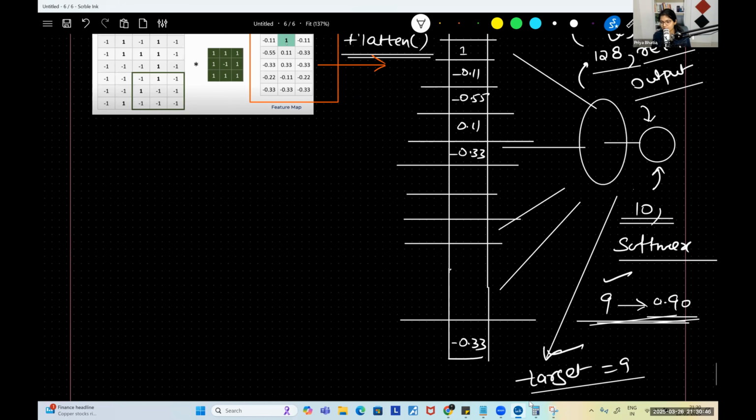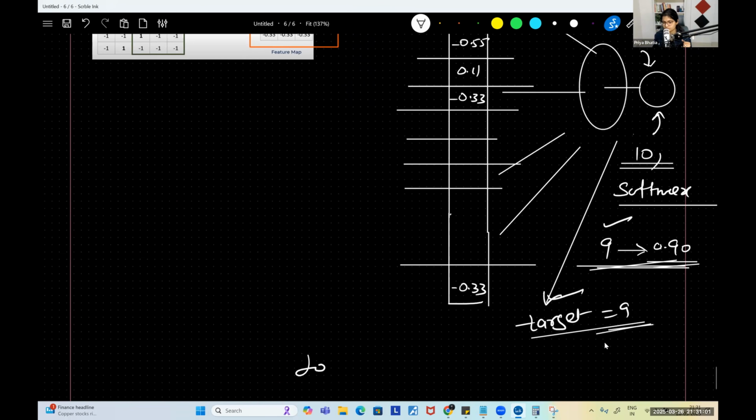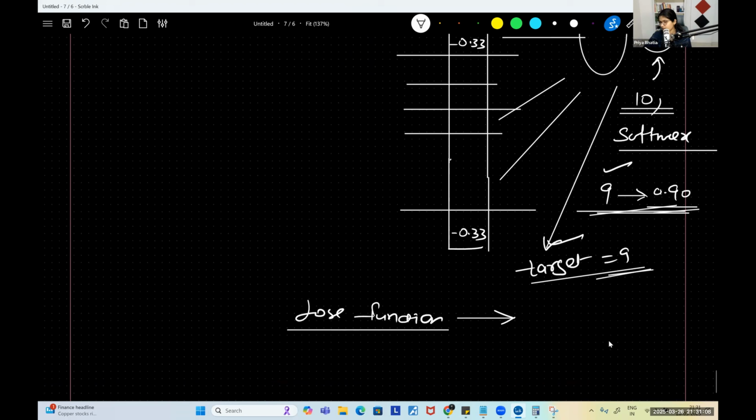If our model is predicting the output as the image of 8, but the target of this specific output is 9, there is a mismatch, there is an error. Which specific loss function will we use over here? In softmax, which specific loss function will we use? Refer to our previous discussions and let me know.